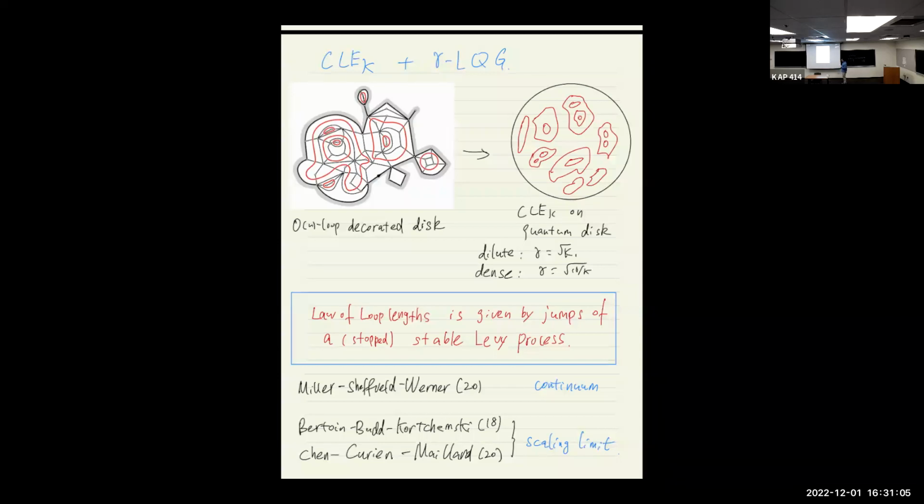And one of the theorems that people proved is that if you consider the lengths of all these loops, they are collectively given by the jumps of a certain stable Lévy process. And the source of the stable Lévy process is basically coming from these Brownian motion things.